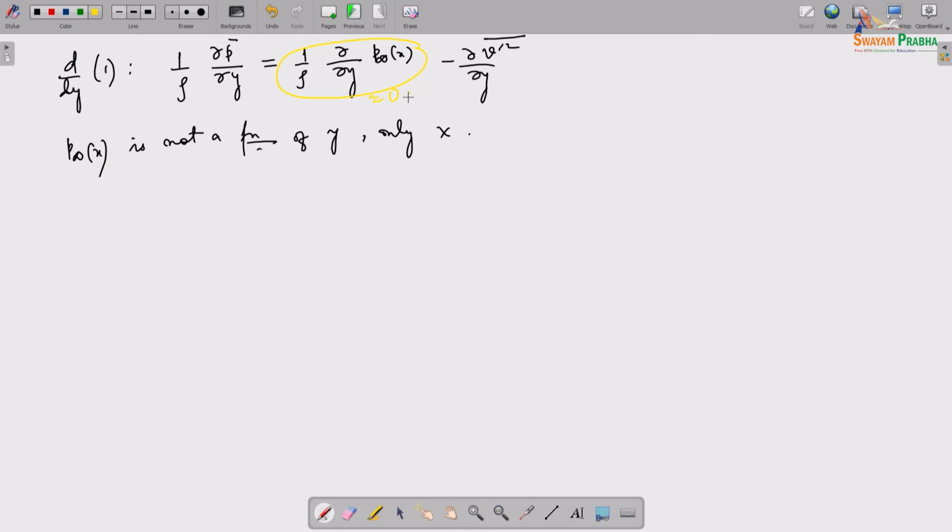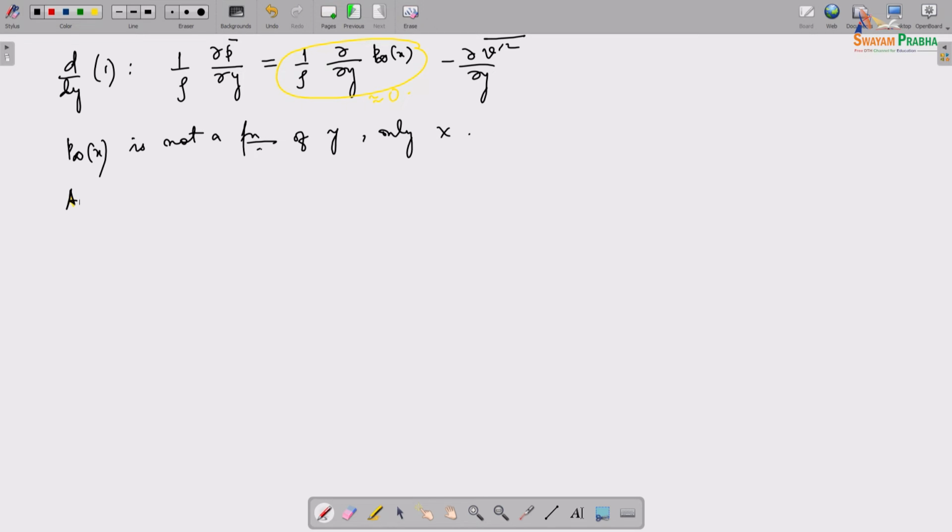Now, when we are slightly far away from the jet, turbulence is negligible, and then V dash square bar is going to be 0. So the second term is also 0.